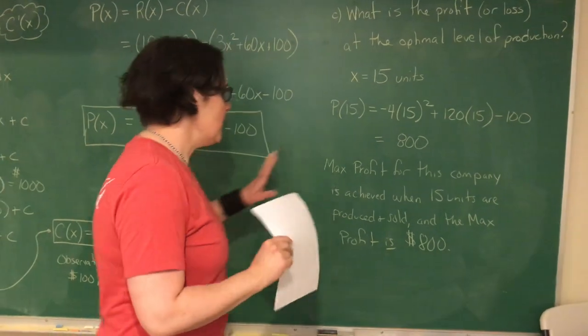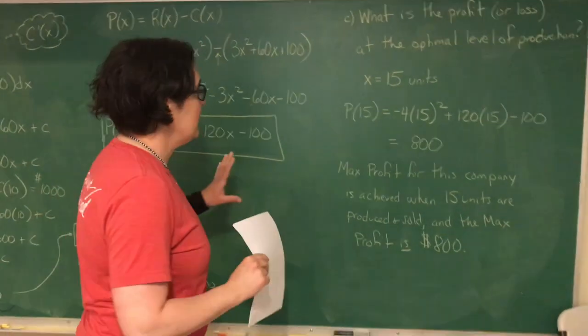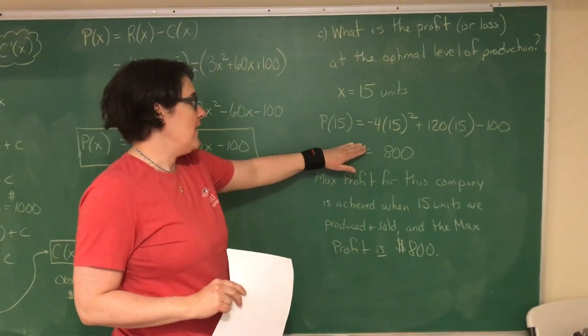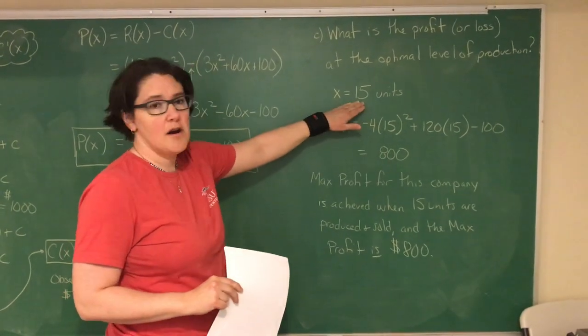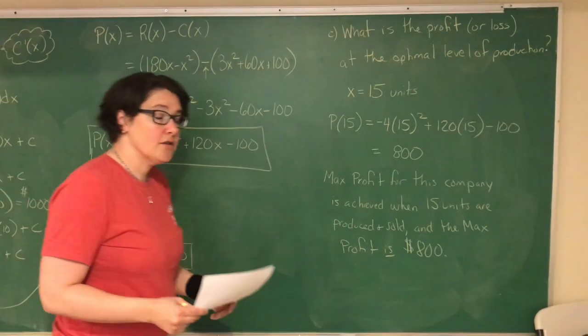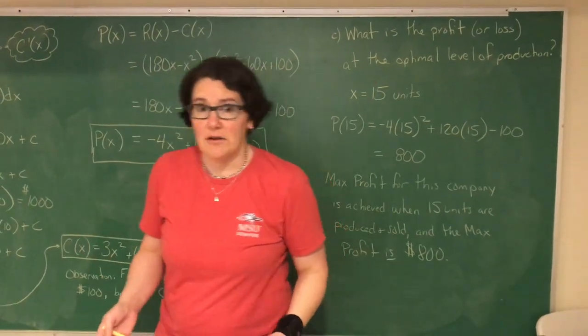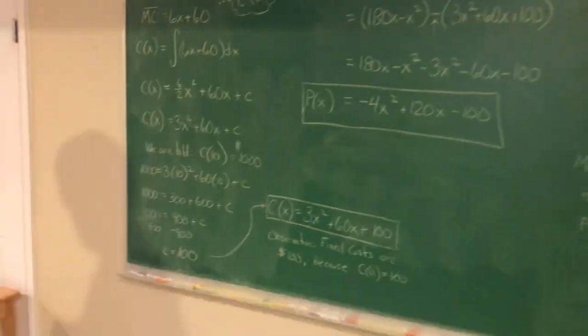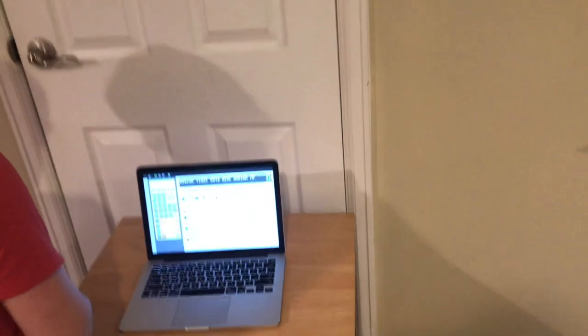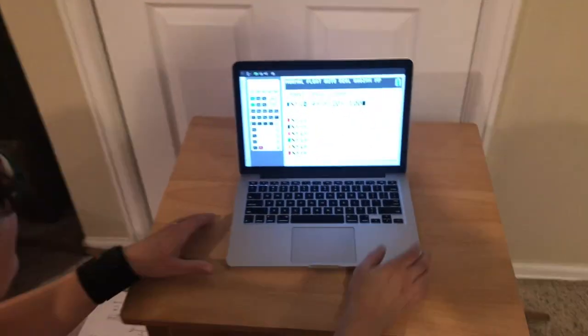All right, now before we wrap up this lecture here, one way to come up with this profit value of 800 is by plugging our x value into the profit function that we came up with. Alternatively, you can use your graphing calculator. So I'm going to bring you over here to take a look at a computer version of our graphing calculator.